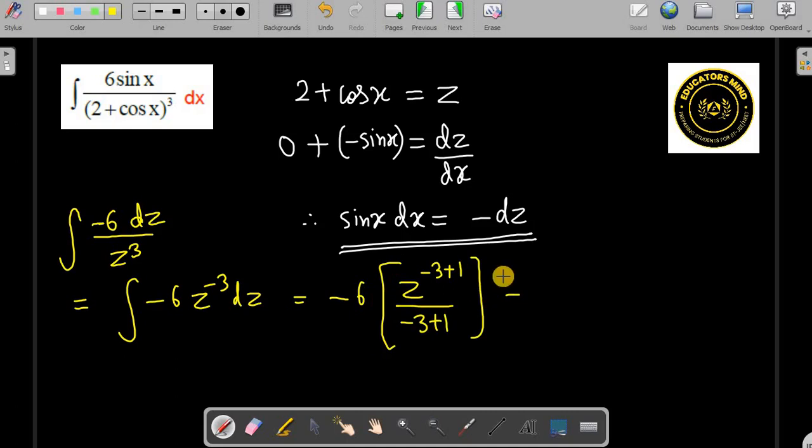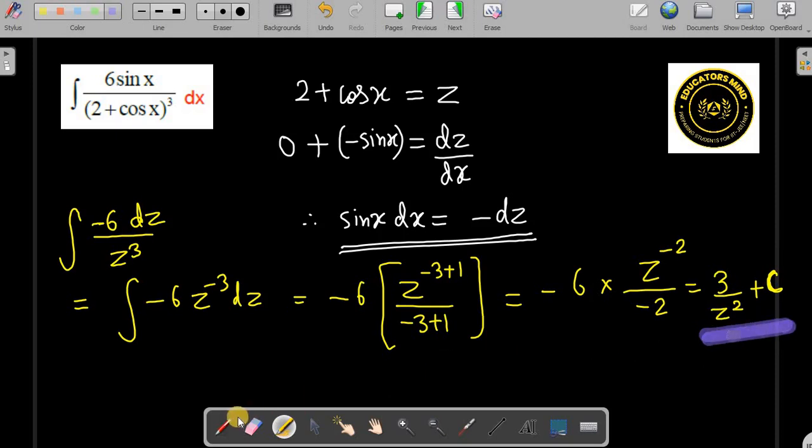Of course there is no limit, so we add a constant of integration. You get minus 2 here and z to the power minus 2, so the minus signs cancel, and it becomes 3 z square plus constant of integration. This is how we can work out such quotients.